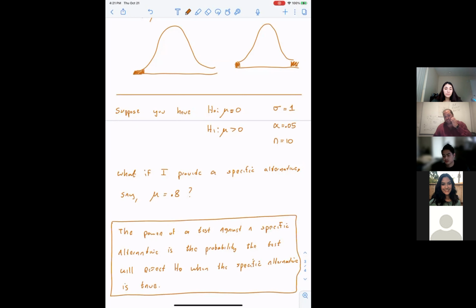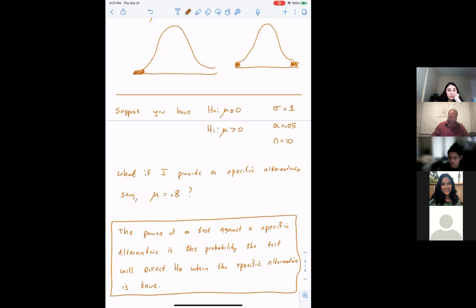Okay, the power of a test for a specific alternative is the probability that the test will reject the null hypothesis if that specific alternative is true.